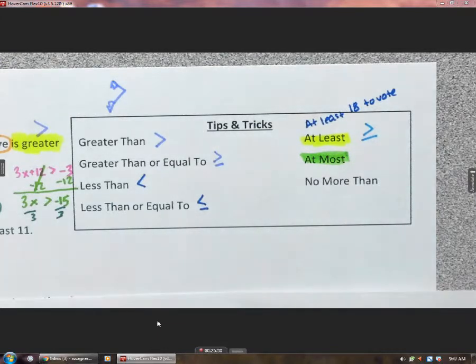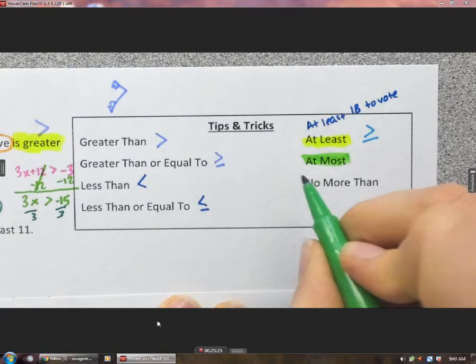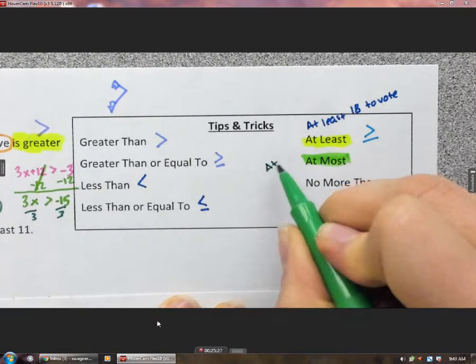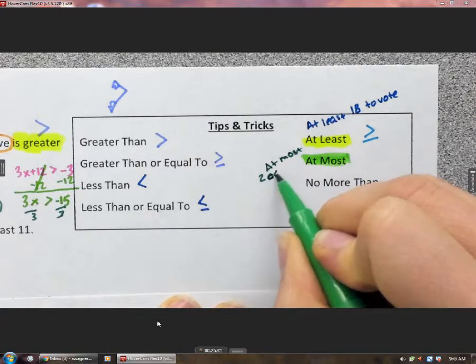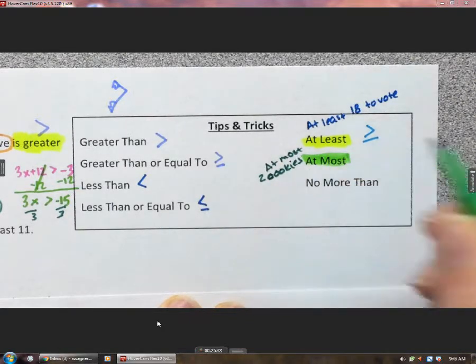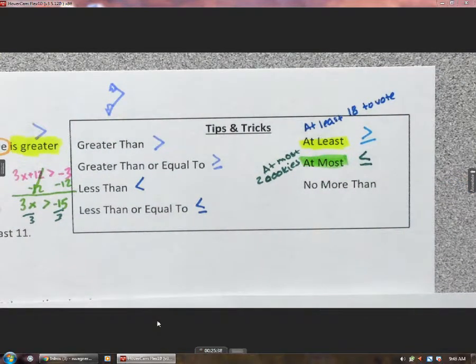So if your mom says you can have at most 2 cookies, then how many cookies can you have? 2, or less, depending on your parent. So at most 2 cookies. That's the example I always use. That means you can have 2 cookies or less.